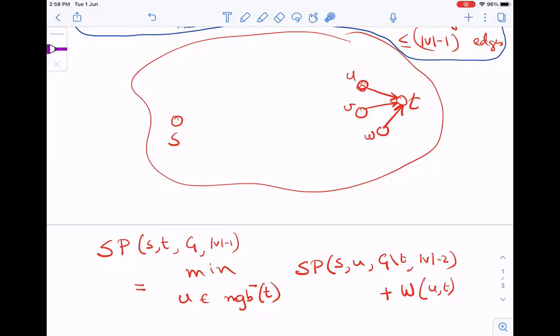So actually, it's considering first the v minus 1, after that v minus 2, and so on up to 1. But then there is a minimum over all of them. So you have to compute this one for all of them, right? Okay. Yeah.